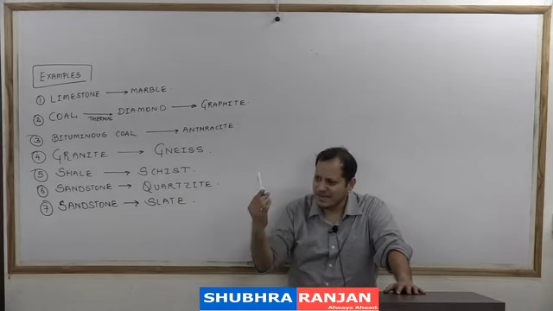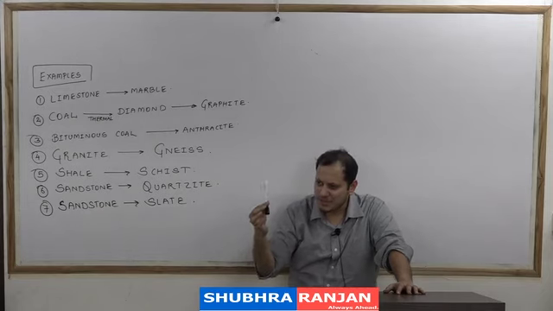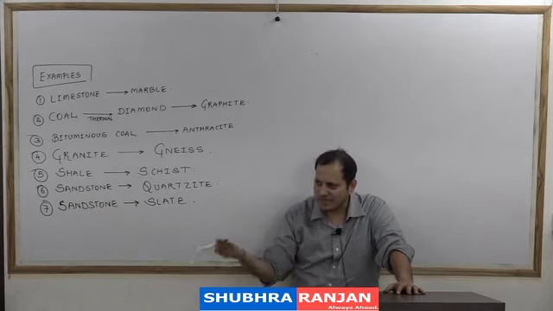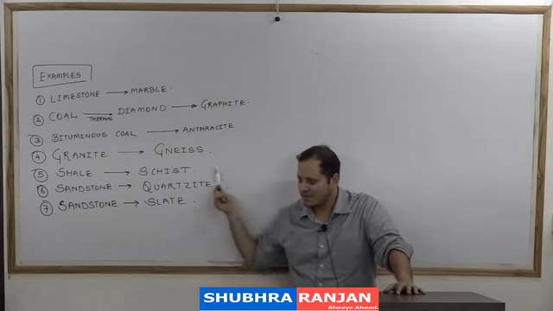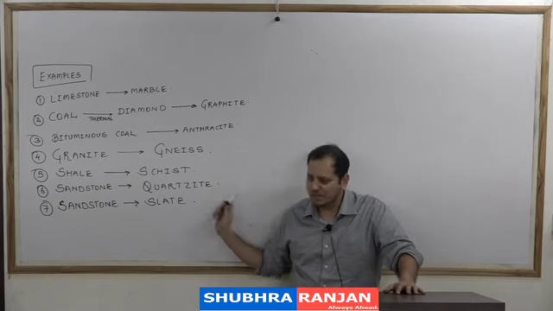It is simple. If I take this plastic and if I burn it, or if I apply the pressure, will it not change? Its original property will change. So that is what is metamorphism. This all is an example of regional metamorphism. Original property has changed. Original property will always change.